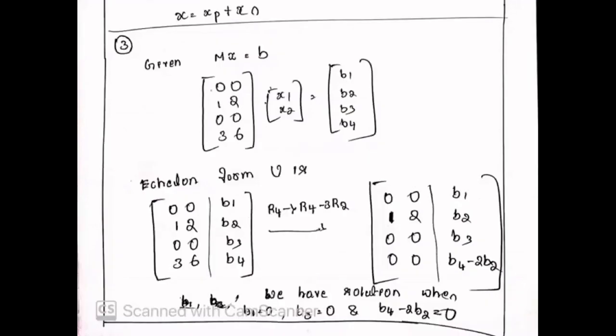They are asking for a particular solution. In order to find the particular solution, you make the free variables equal to 0 and calculate, and that gives the particular solution. Then you make all of these equal to 0 and find the null space. This is how it looks.